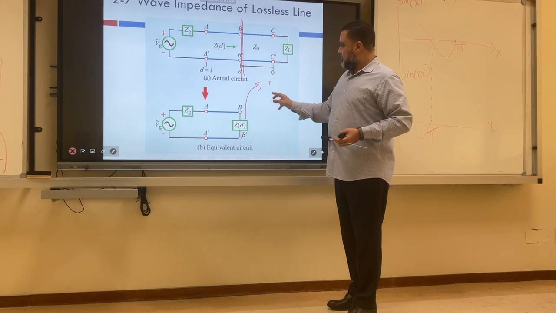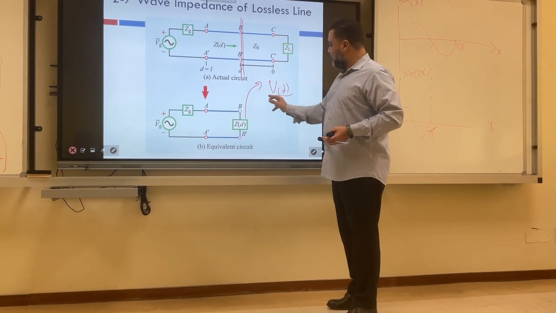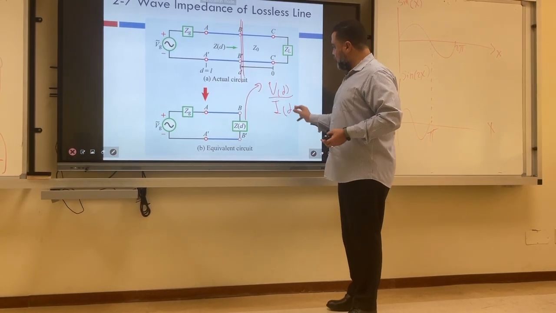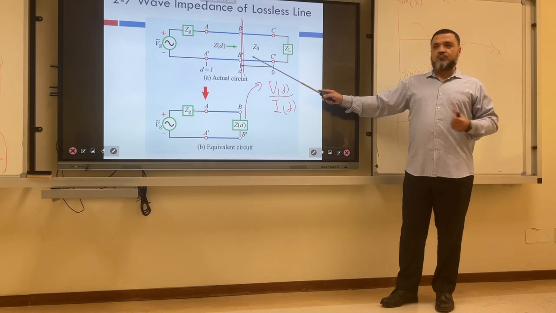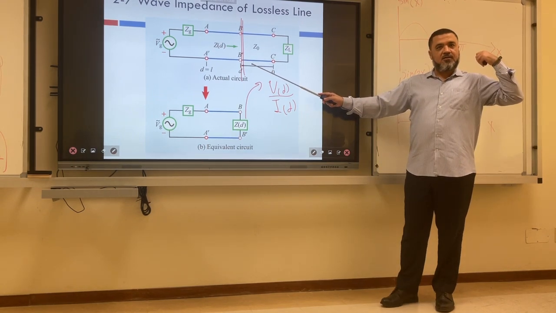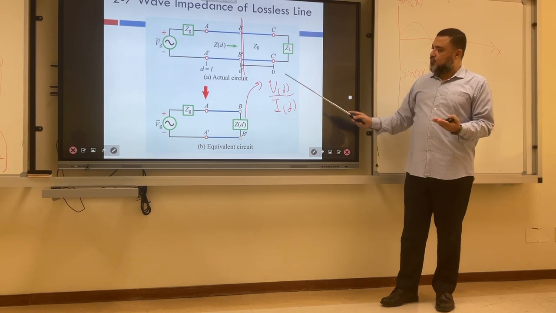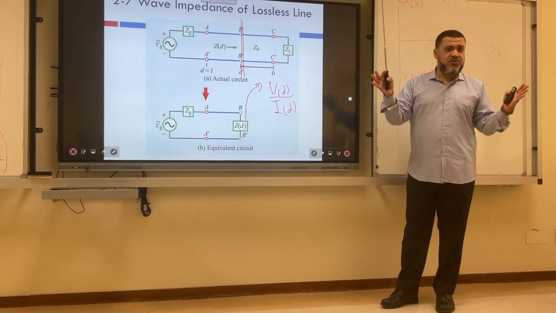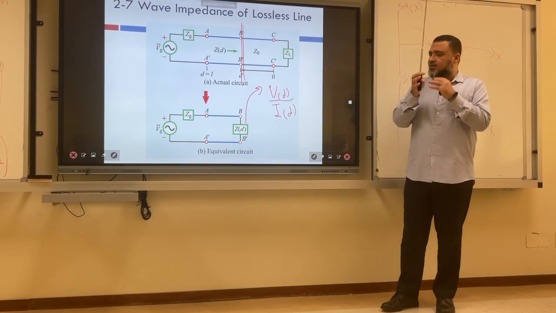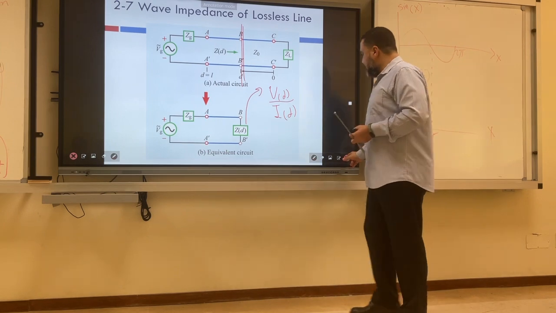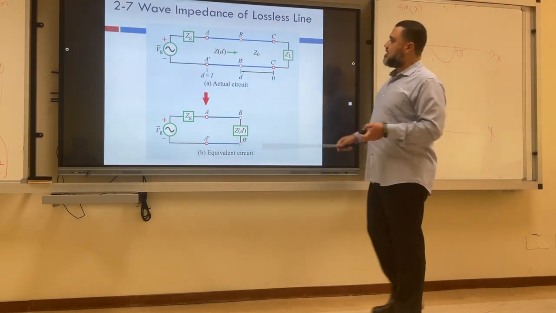It is V of D over I of D. Simple, V over I at this location. We have V and we have I, with positive and negative waves, and that's it. This is the whole impedance, V of D over I of D. But it will be a big equation. We need to make it simpler so that we can handle it. So this is the idea of how to replace the whole thing by some impedance.